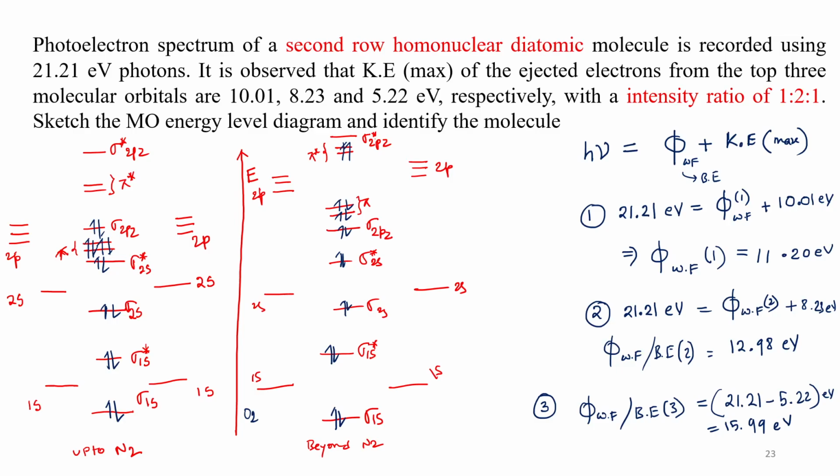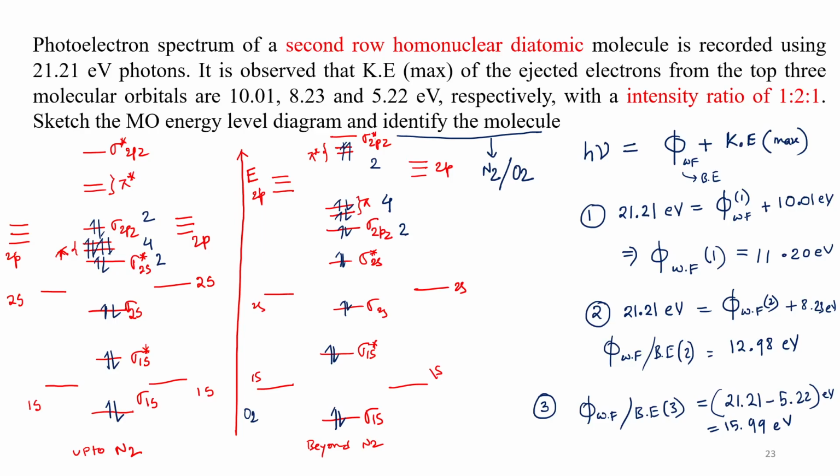As you can see, here you are getting 2 electrons, here 4, now 2, which is 1:2:1. Here also 1:2:1. So your molecule could be either nitrogen or oxygen. It could not be fluorine. If you put the electrons, you are not going to get 1:2:1.